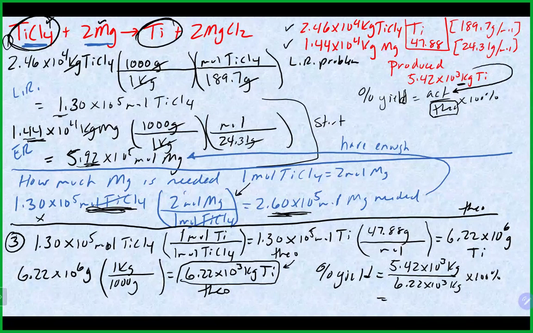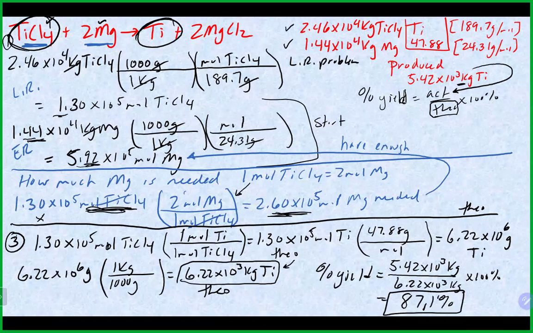It looks like we'll end up with about 87.1% yield. Not terrible, but definitely under 100, so that's good as well.